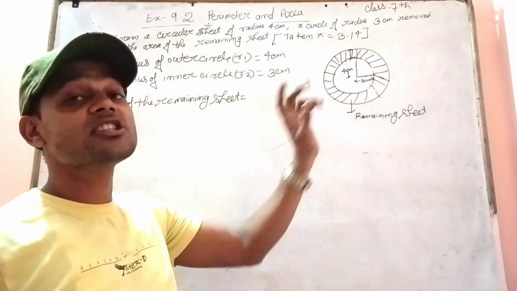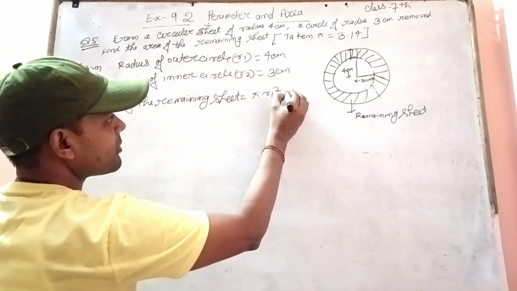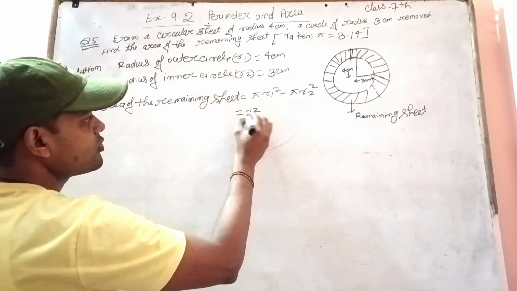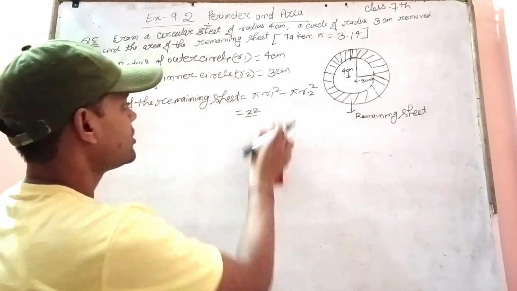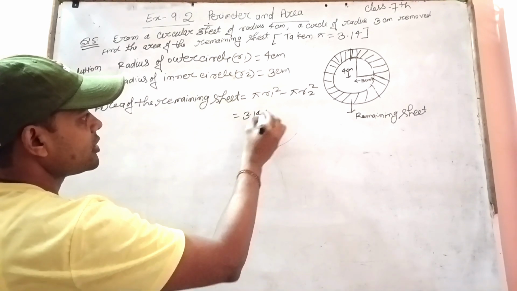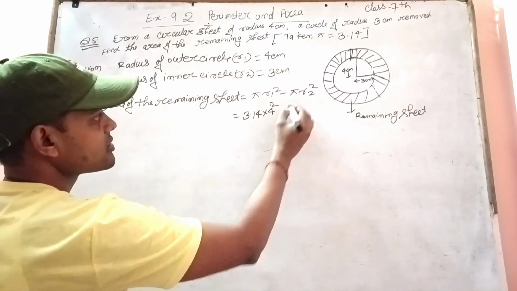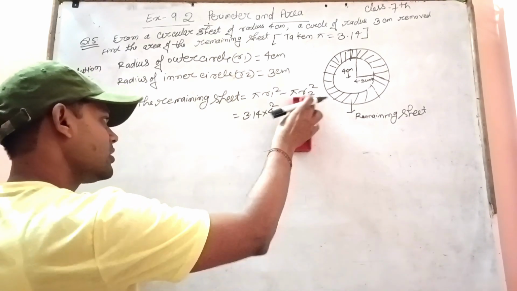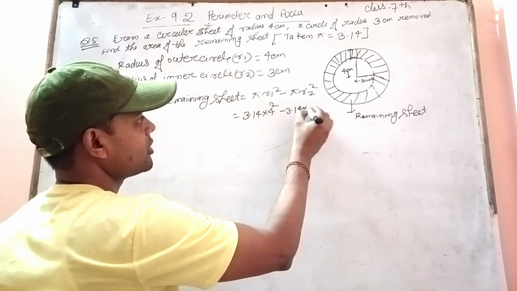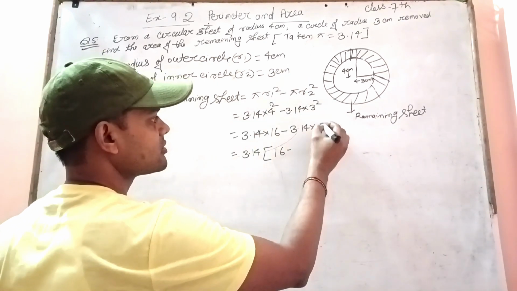Therefore, pi r1 square minus pi r2 square, pi is equal to 3.14, is equal to 3.14 into (4 square 16 minus 3 square 9).